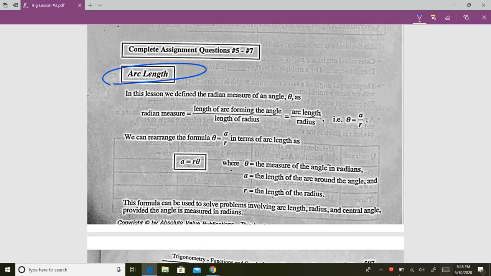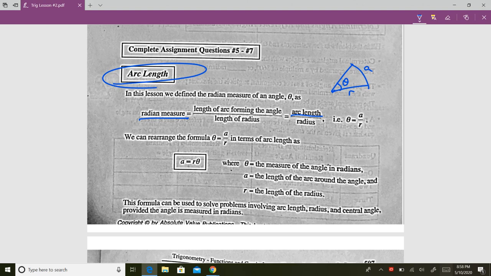Arc length. So this is a bit of an application of this. We've already talked on the very first page that a radian measure is the arc length. Remember, this is the arc length. I'll call it A. This is the radius, and this is your angle, which we'll call theta.